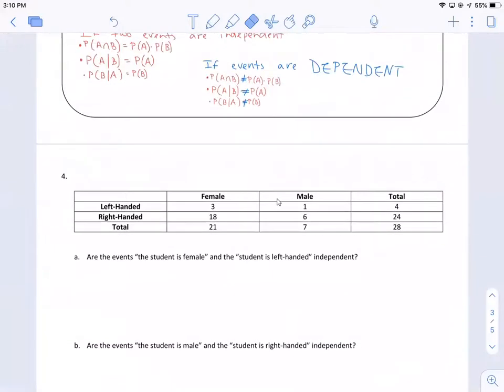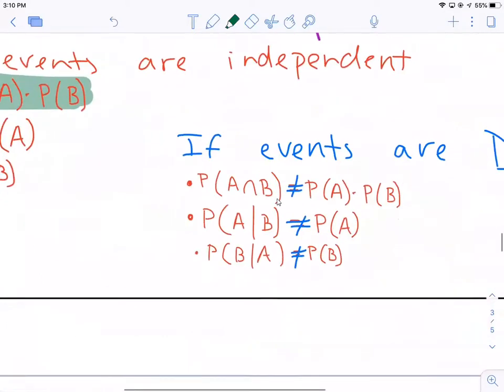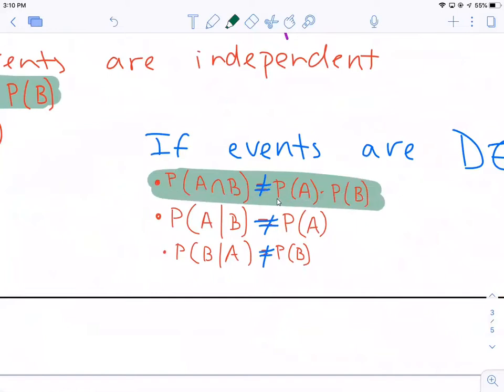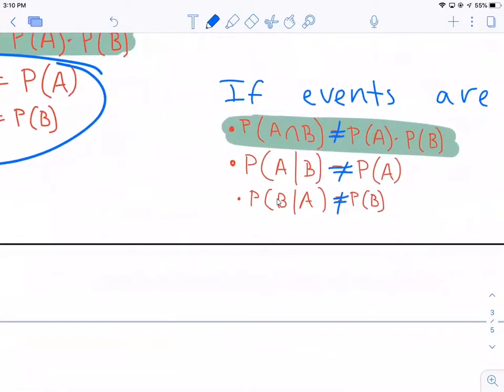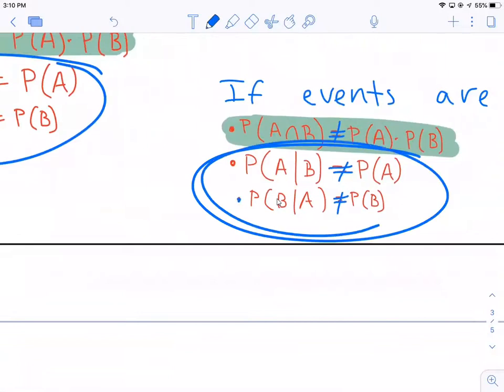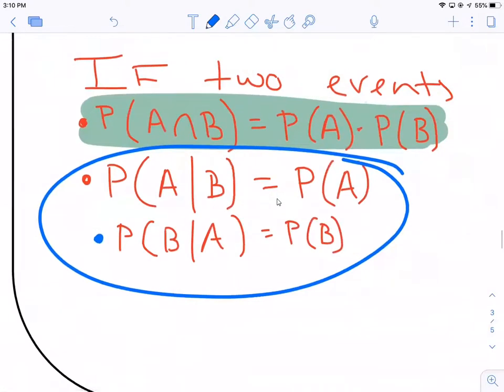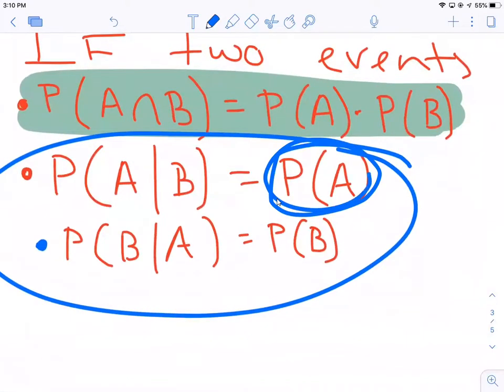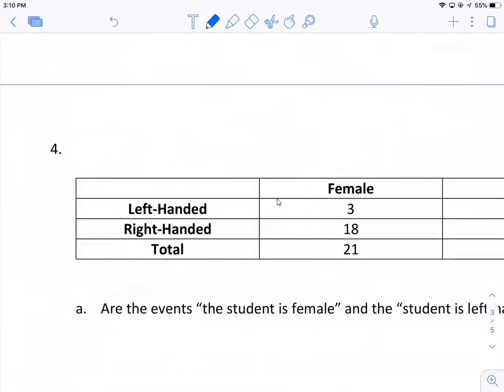So number 4. And by the way, we're going to be doing more of this tomorrow, right? We're going to call that the product test for independence. So for today, I want to focus in on using these facts, that if events are independent, then their conditional probabilities are going to equal just the probability without the condition, because that condition doesn't really affect the probability if the events are independent.